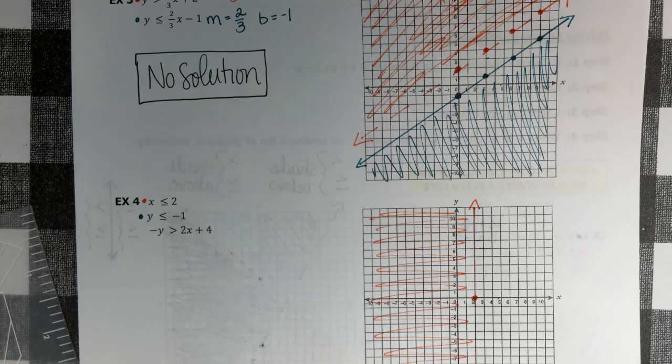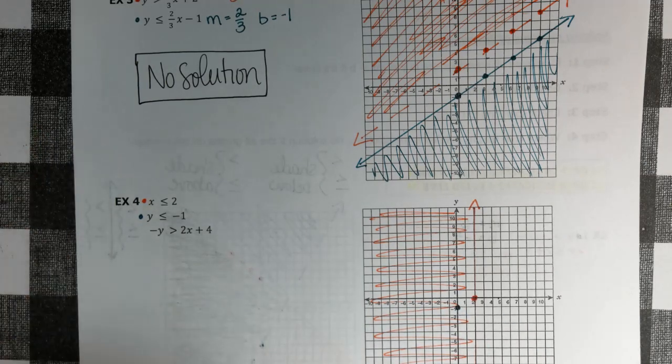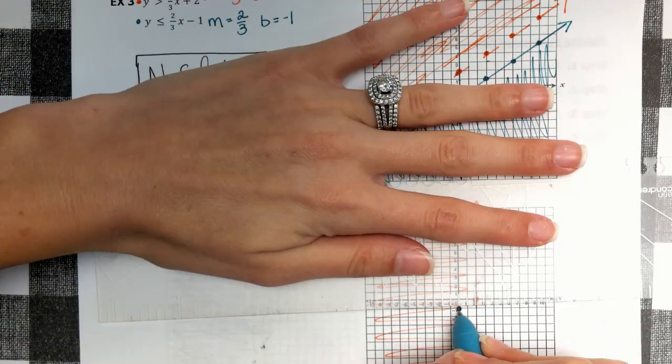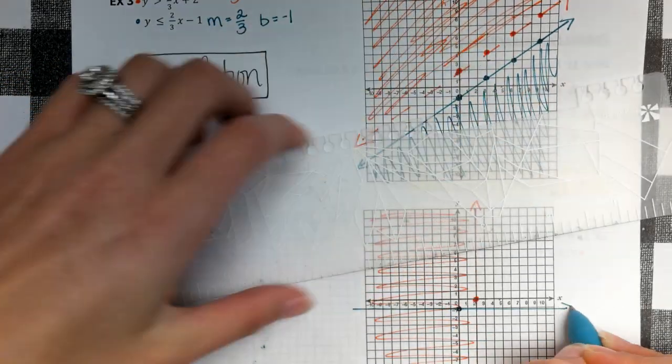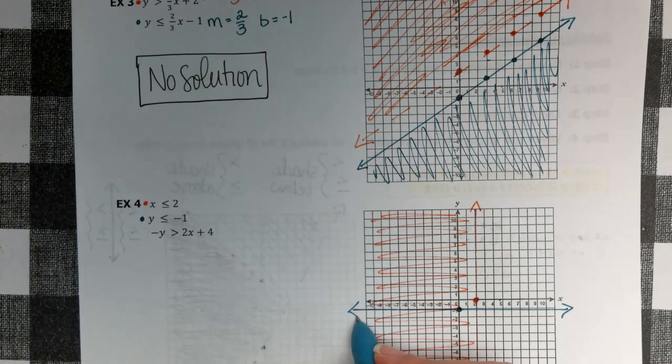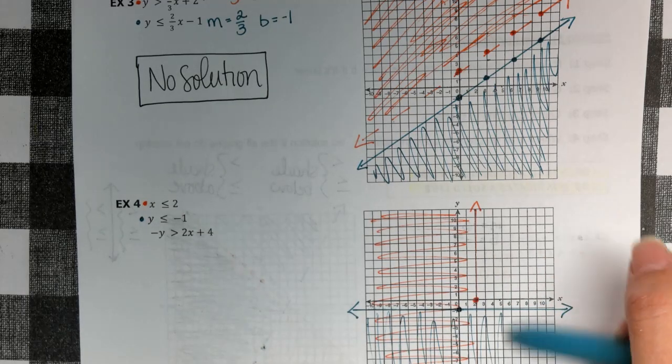Y is less than or equal to -1. That's going to be a horizontal line. Dashed or solid? And less than is shaded below.